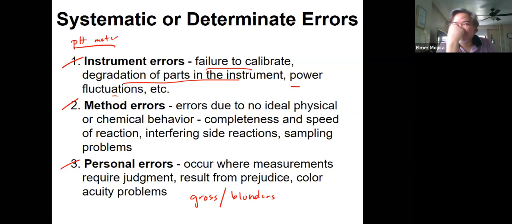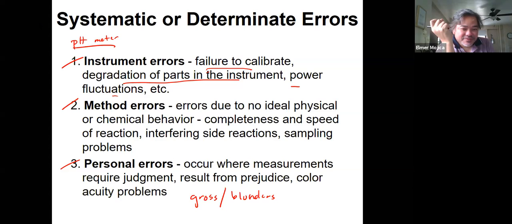So whenever you do experiment in your Gen Chem, whenever you measure the temperature, do you place your thermometer consistently in all runs?